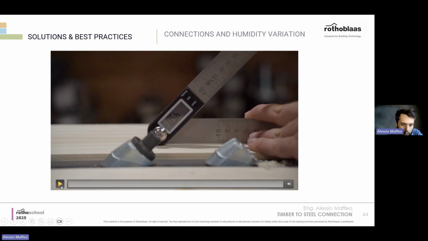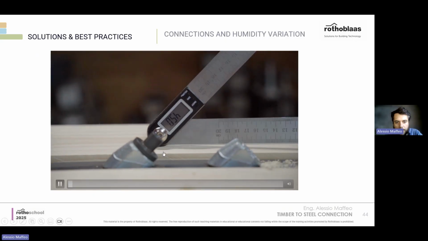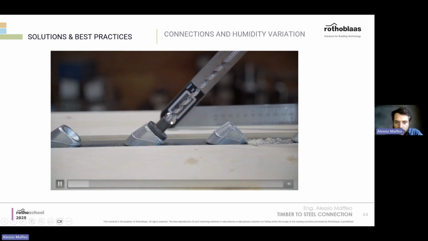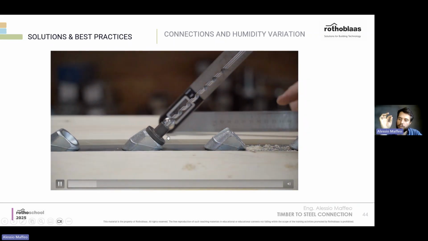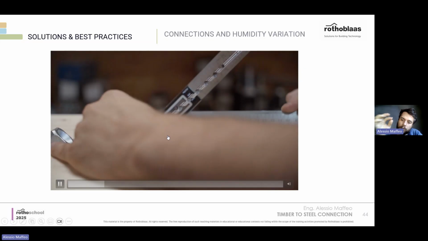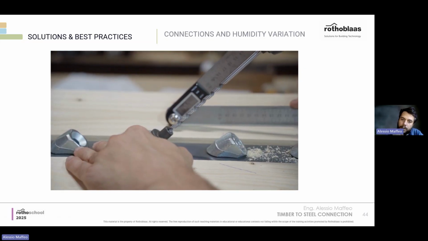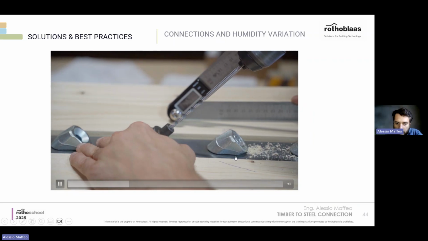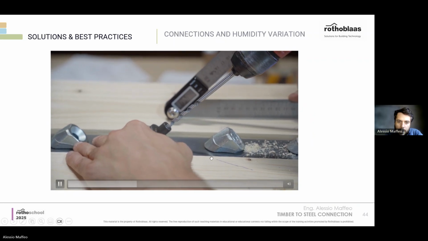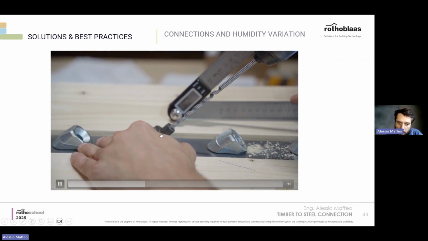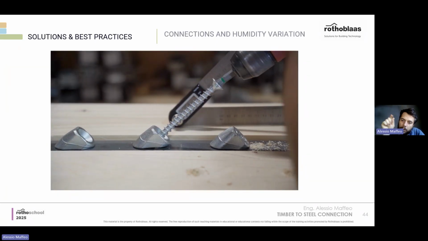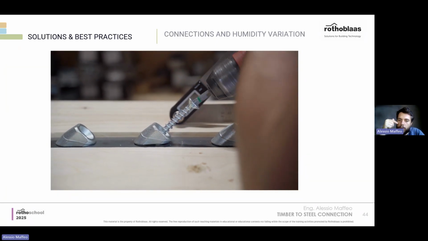Just a quick video that we can look at together of an installation with an inclined washer. This is a jig, a small jig in order to make a pilot hole with the right inclination. So this one is the washer inclined 45 degrees. This one, the darker one, is a small jig in order to make the pilot hole. Why do we make the pilot hole?